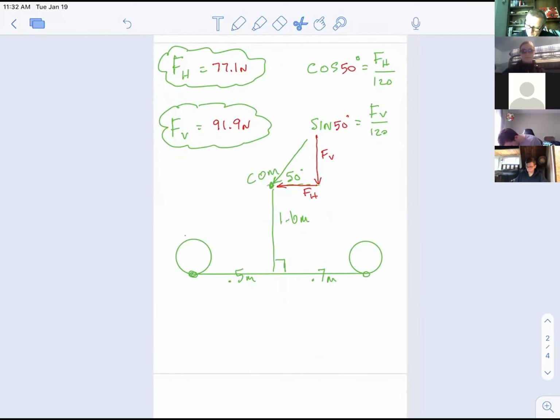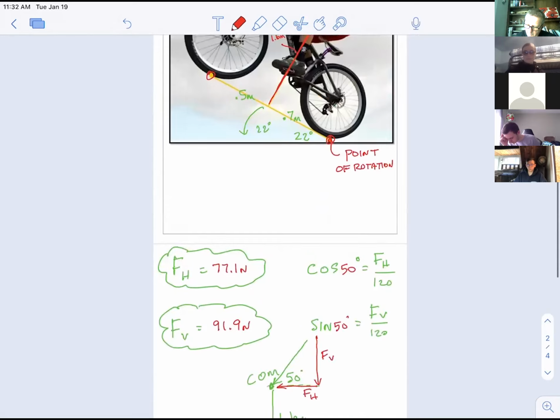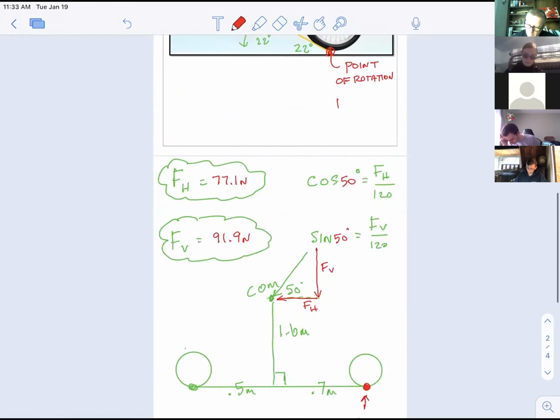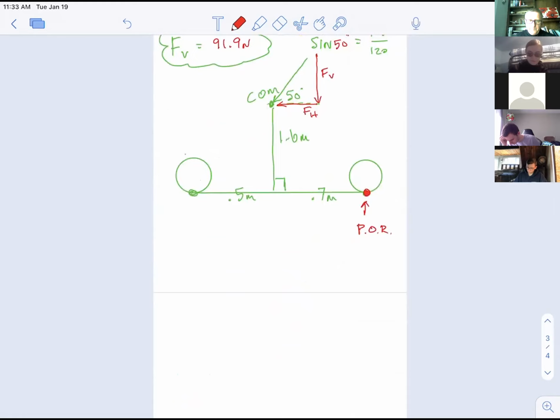Would you agree that I can move forces? Now, remember, it's important to realize this is the point of rotation. Is that what I called it before? Yeah, point of rotation, POR. And so that does make a difference. So, moment.